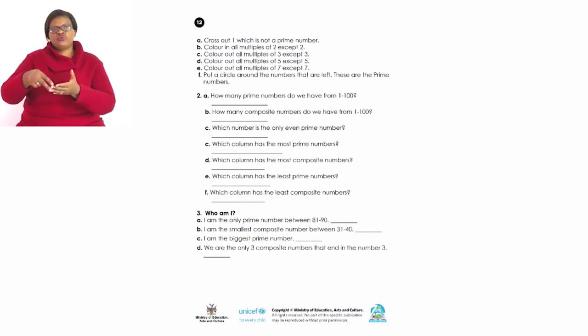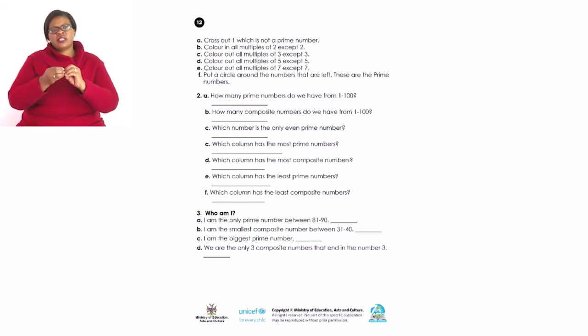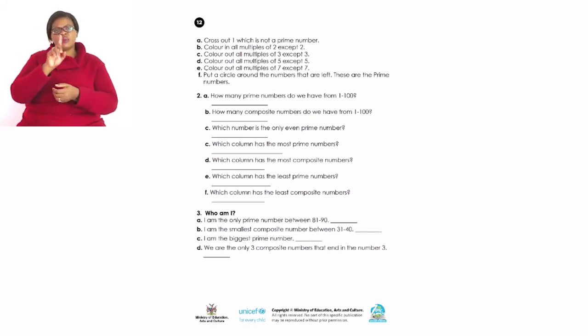If you have forgotten the word even, it's like numbers that end with 2, 4, 6, 8, and 0. All right? So the question is, which number is the only prime number that is even? Okay?